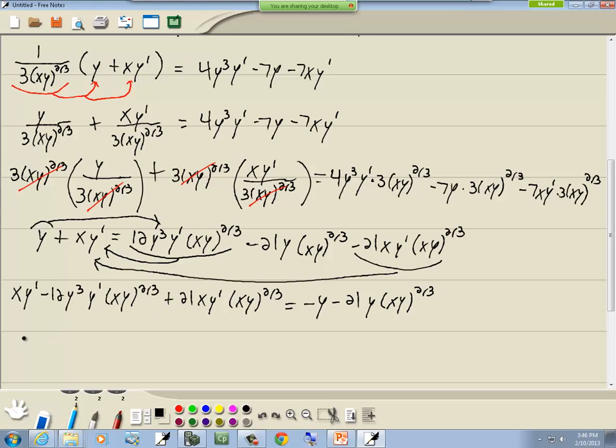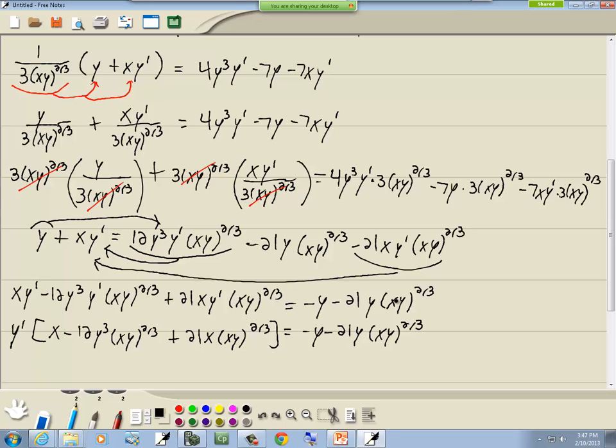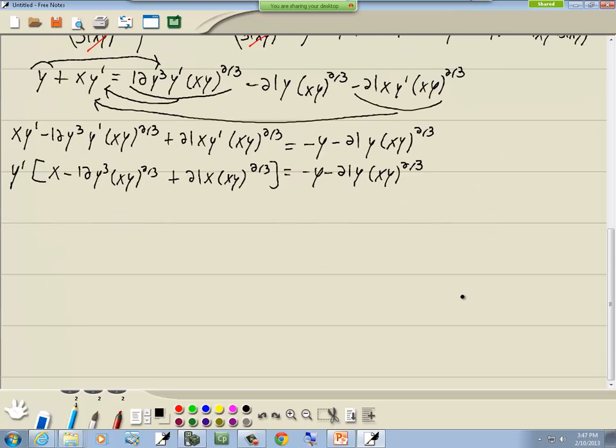Okay, now we want to factor out the y prime, and that's going to leave us x minus 12y to the third xy to the 2/3 plus 21x xy to the 2/3 equals negative y minus 21y xy to the 2/3. Now we're going to divide both sides by what's behind our y prime.